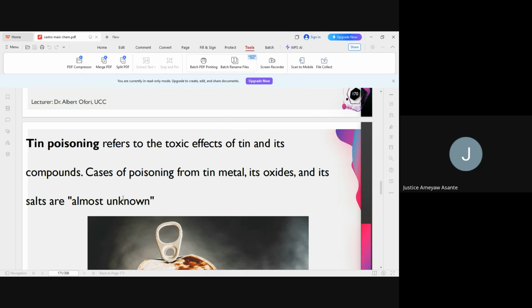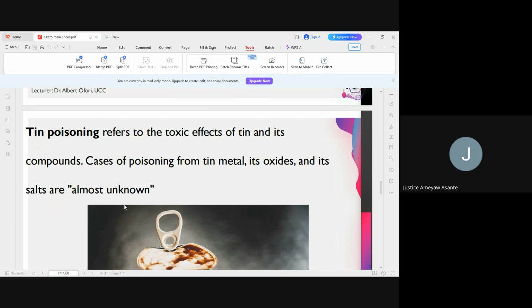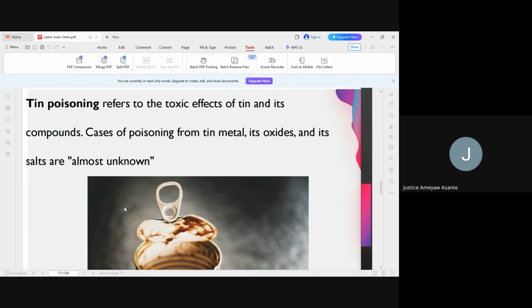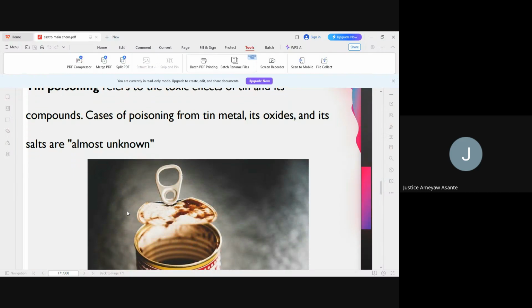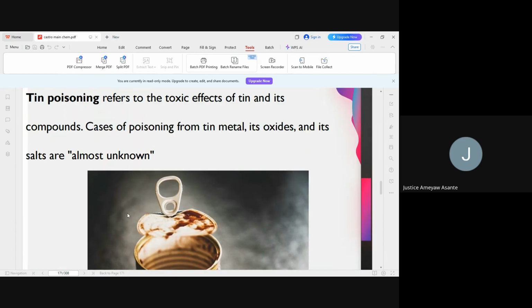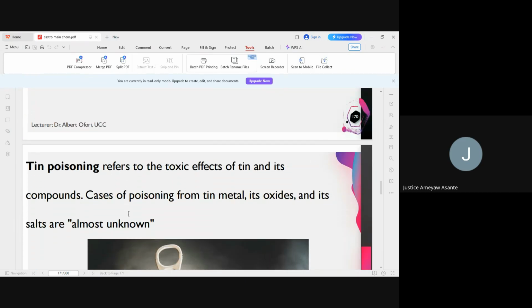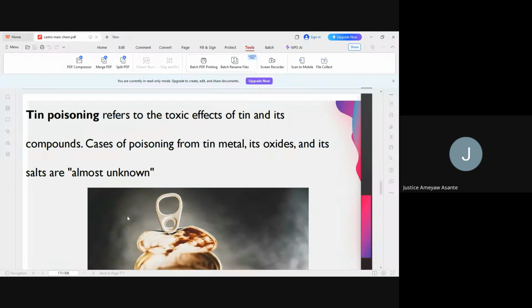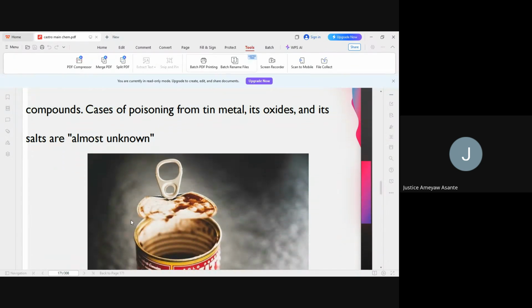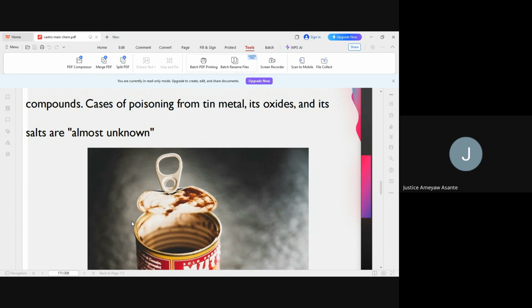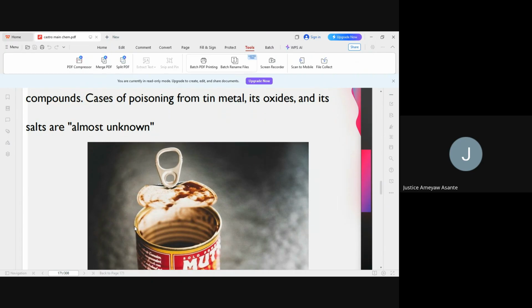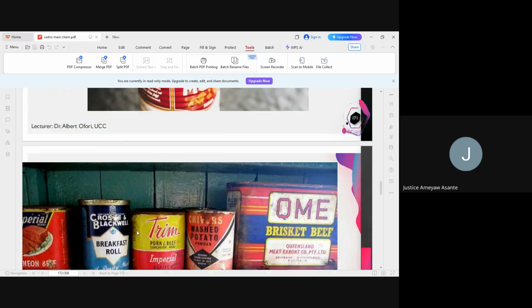Tin poisoning refers to the toxic effect of tin and its compounds. Cases of poisoning from tin metal, its oxides, and its salts are almost unknown. That's why it is used to can a lot of things. So far, we've not come across cases of tin oxide and tin salt poisoning.